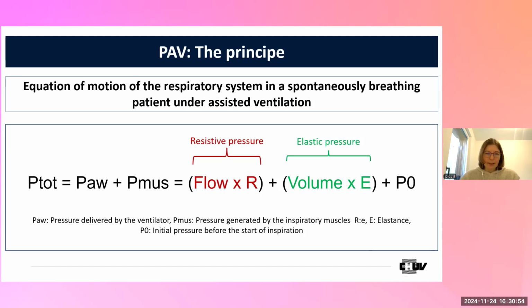And this sum of P airway plus P mus equals the flow times the resistance, which is the resistive pressure, plus the volume times the elastance, which is the elastic pressure, plus the initial pressure in the system at the end of expiration. And it is based on this equation that the PAV system works.